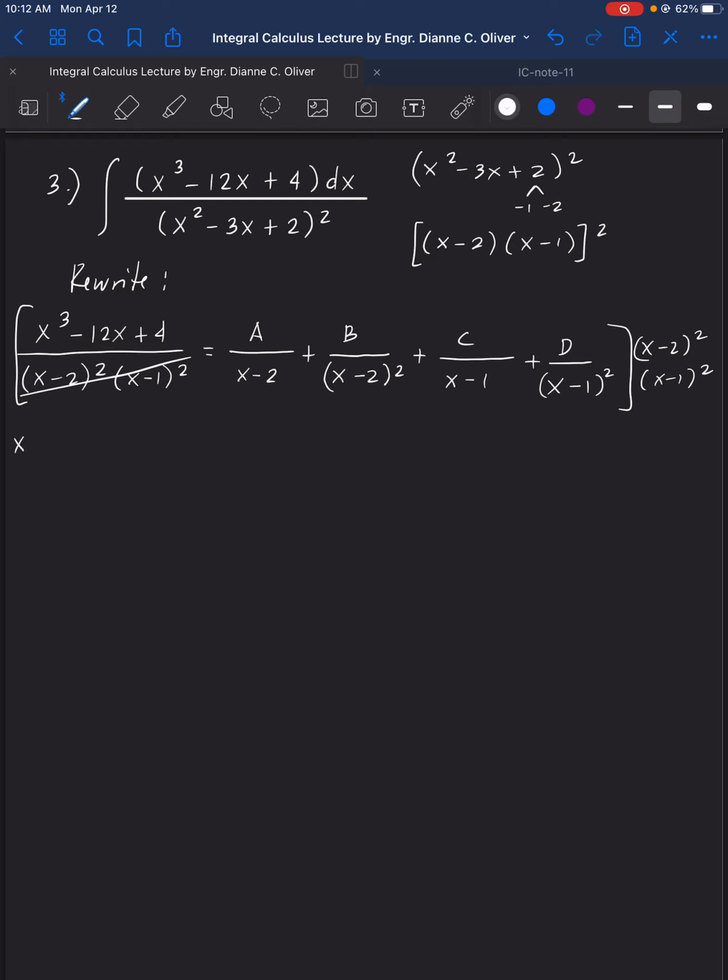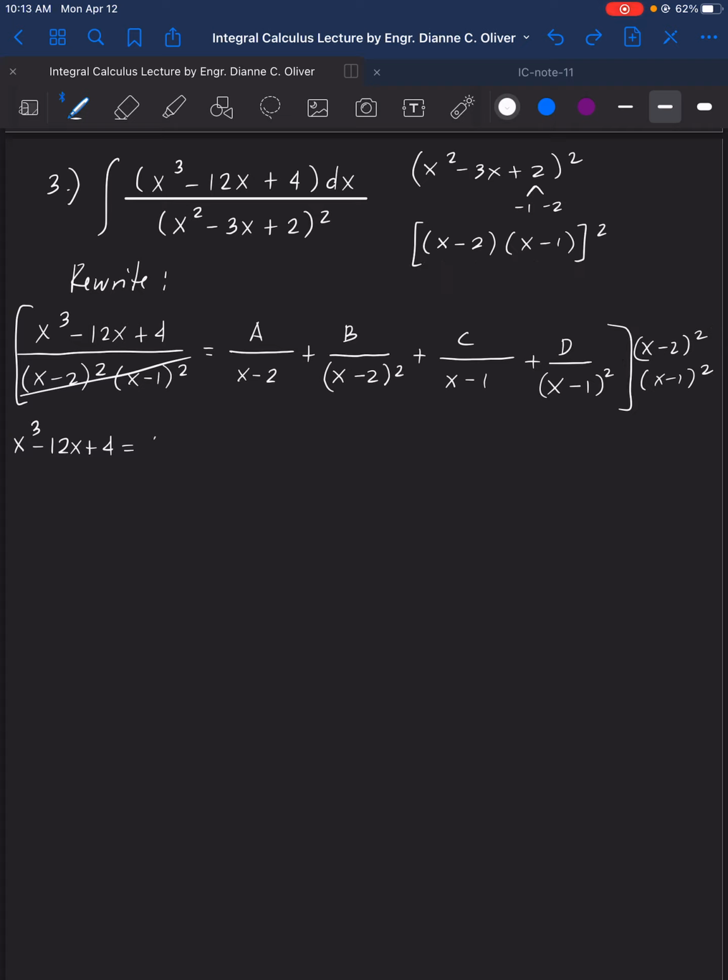So x raised to 3 minus 12x plus 4 equals, so multiply this with the first term, it will cancel out x minus 2.